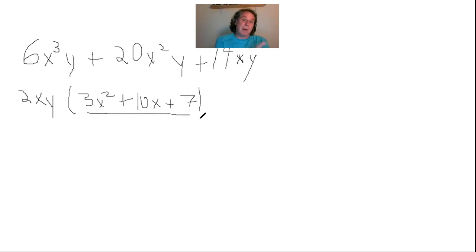So I've got the first step I common factored, but I can keep going because I can still factor that trinomial. So over here, I do my SP chart, and my sum is 10, and my product is 21. And I say, what two numbers add to 10 but multiply to 21? And I get 7 and 3. So the next line, I just leave that 2xy alone out in front.